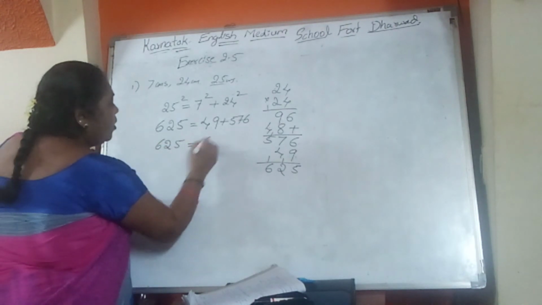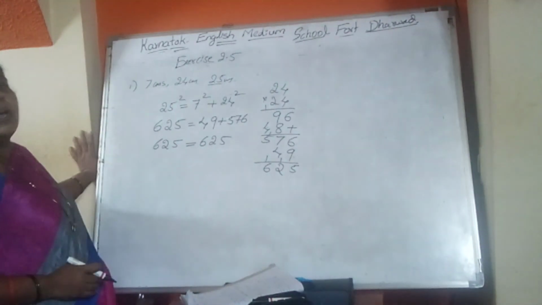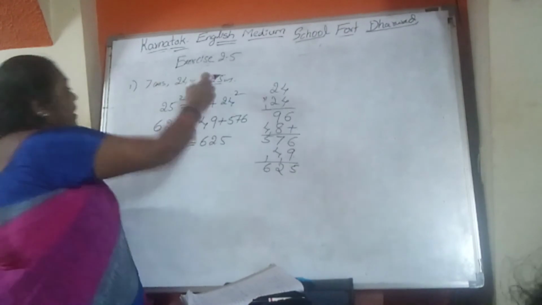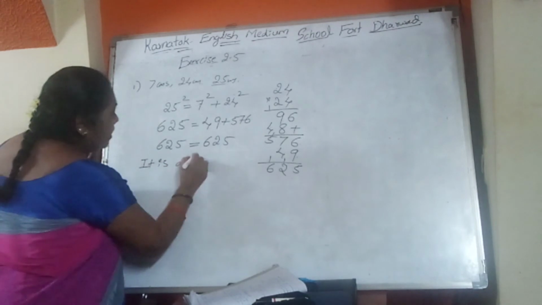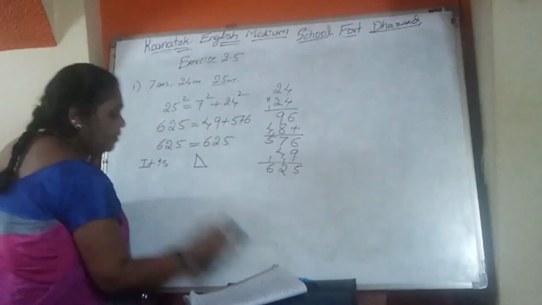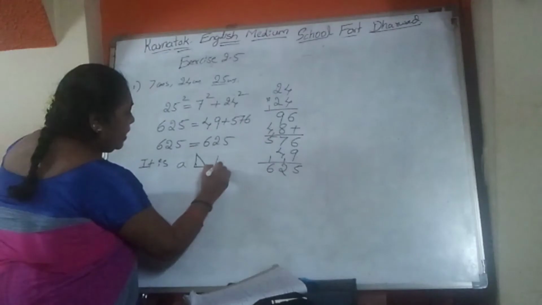625 is equal to 625, and LHS is equal to RHS. So it is a right angle triangle.